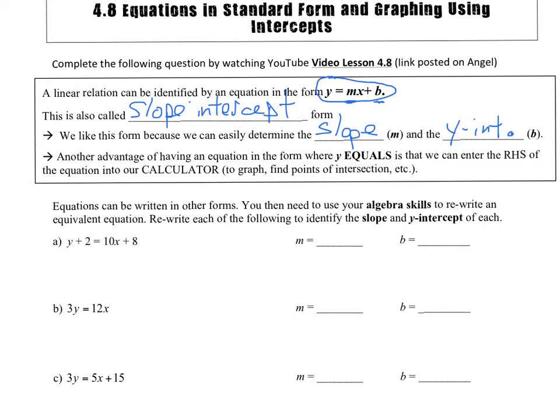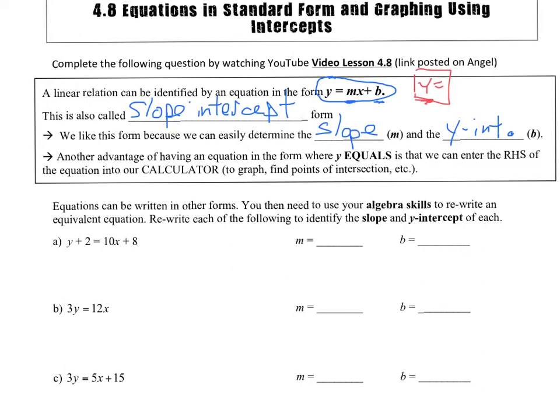The other advantage: if you remember, we went to the button that said y equals to graph some lines, and in order to do that, you have to have y isolated on one side of the equal sign to be able to enter it that way. So that's also handy.